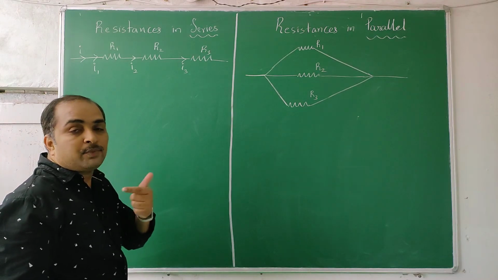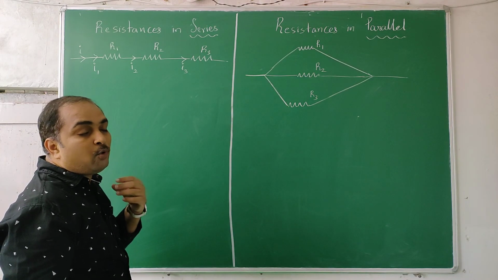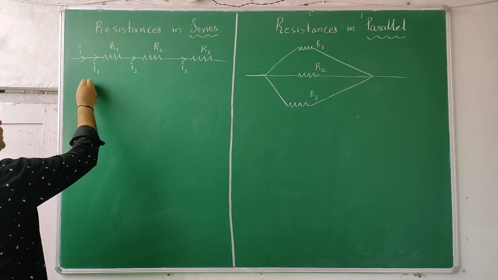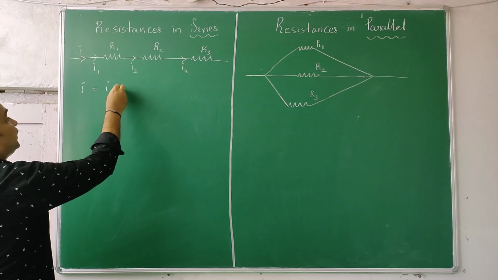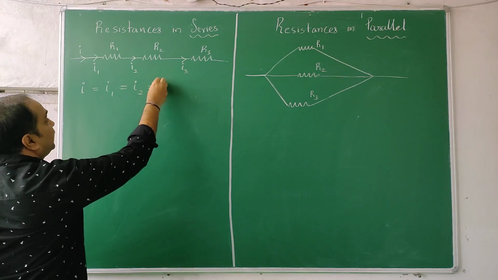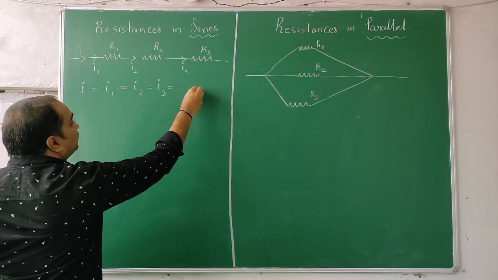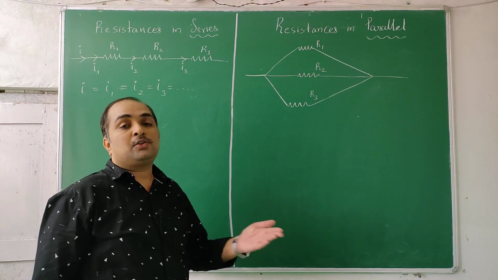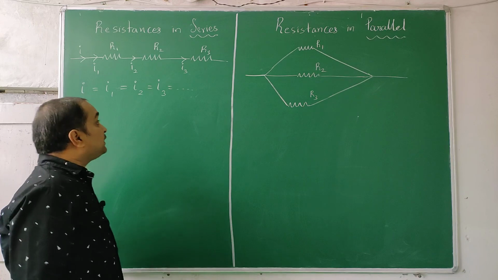So now I am defining here: a number of resistances are said to be in series if the same current passes through all of them. So I1 should be equal to I2 should be equal to I3. In that case, we say those resistors are in series.